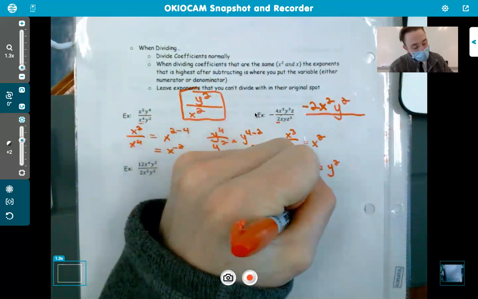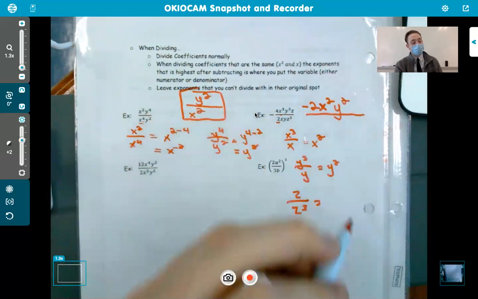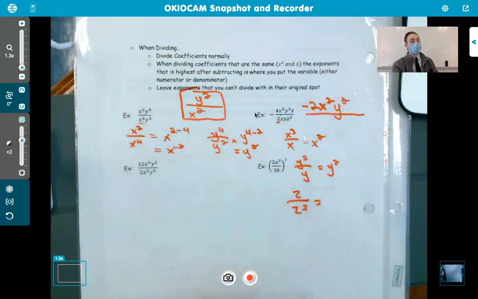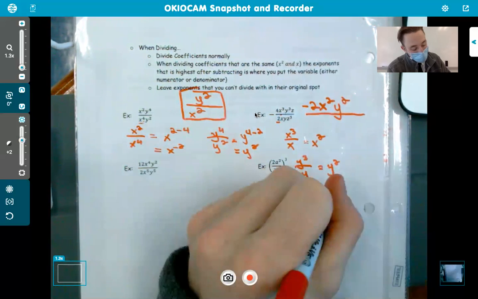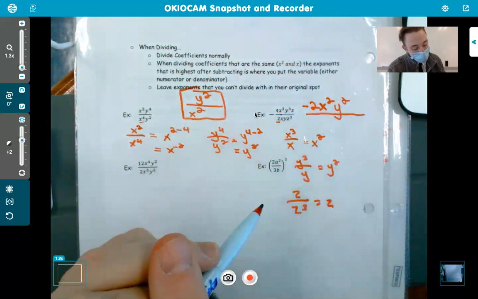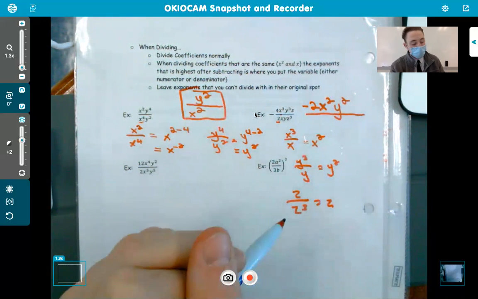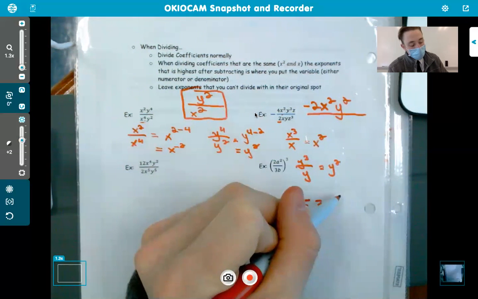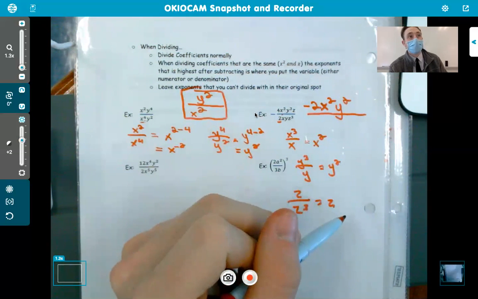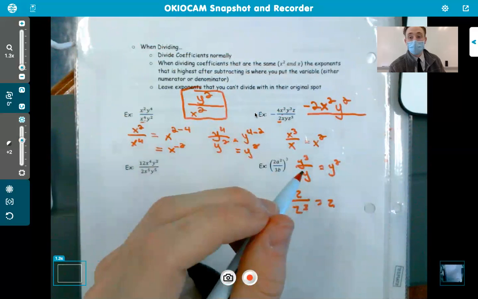Then I have z divided by z cubed. What's that going to give me? Z. Just z. Not just z. Would it be z to the power of -1? Right, z to the -2.